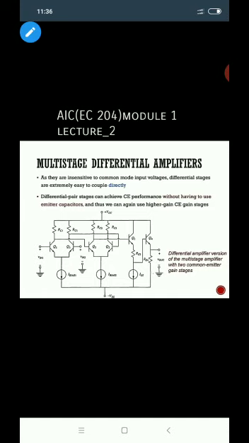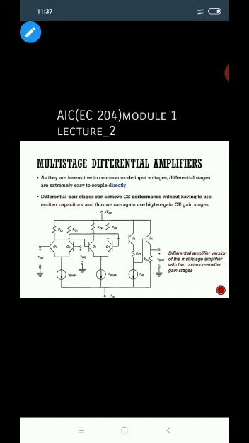Now here, in a differential amplifier basic pair, the output terminals are the two collector terminals of the two transistors Q1 and Q2. These outputs are given to the bases of the next stage differential amplifier.